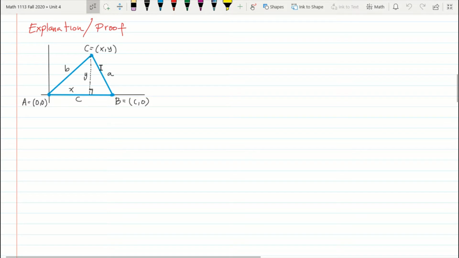And angle C is at some random point x, y, okay? So this is what we have, right? The height is y, and this length is x.